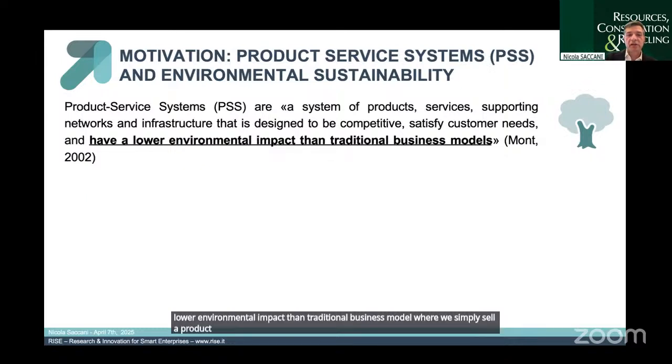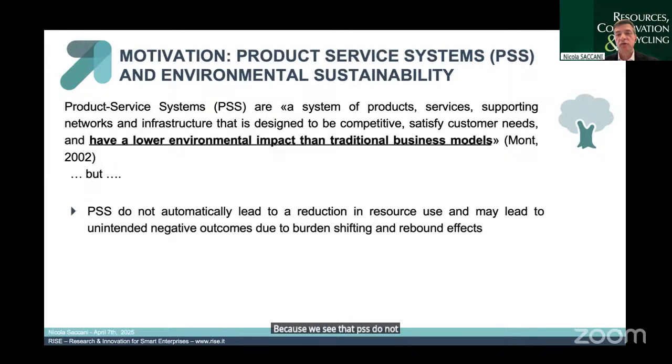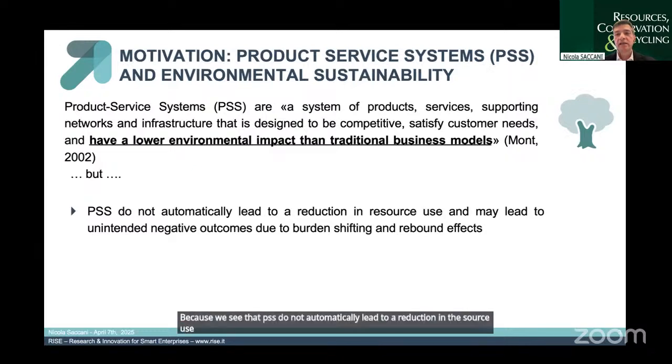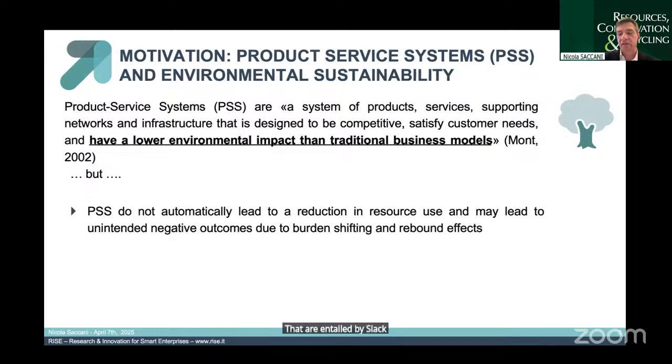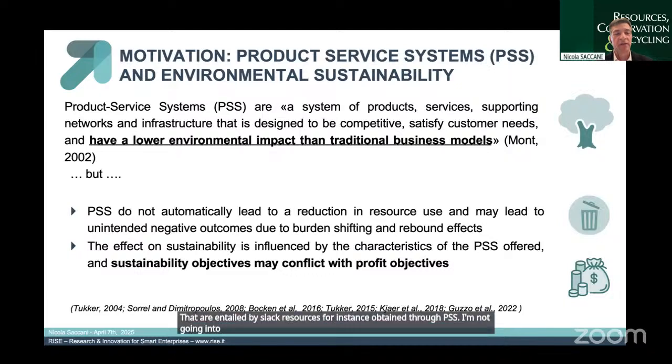But the literature has already suggested to us that this potential has not been achieved, or at least not fully achieved, because we see that PSS do not automatically lead to a reduction in resource use, and instead they may lead to unintended negative outcomes, for instance, due to burden shifting of life cycle impact through the life cycle phases, or rebound effects that are entailed by slack resources, for instance, obtained through PSS. I'm not going into these topics in my discussion.